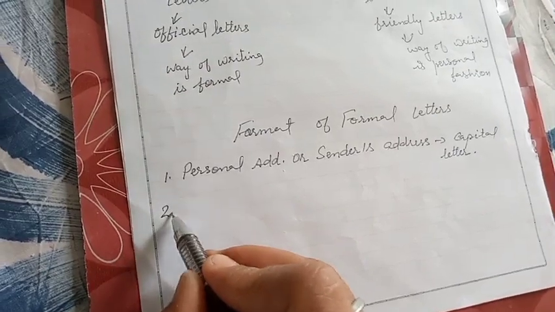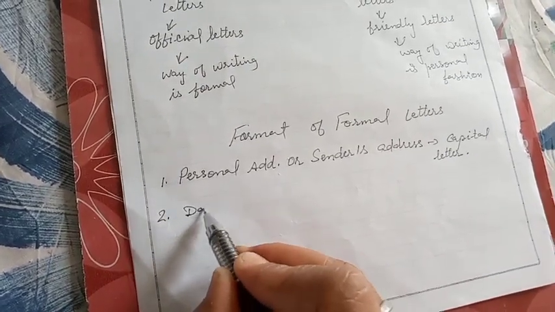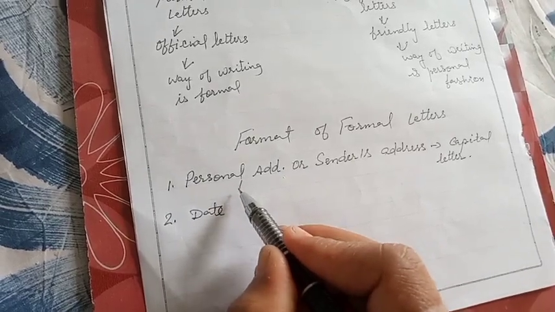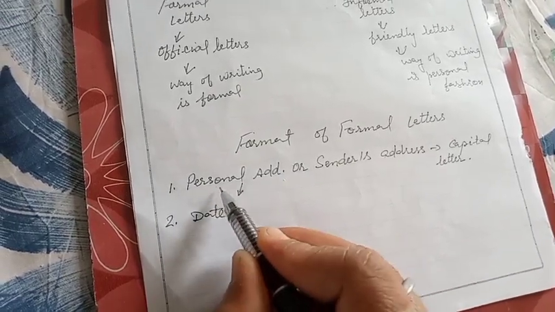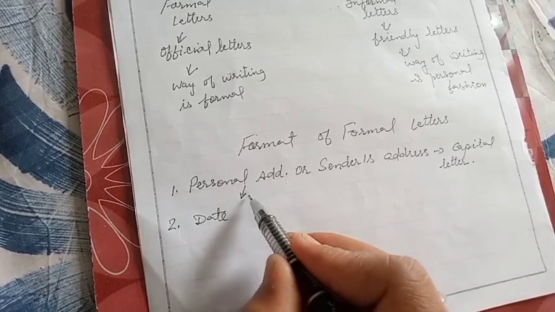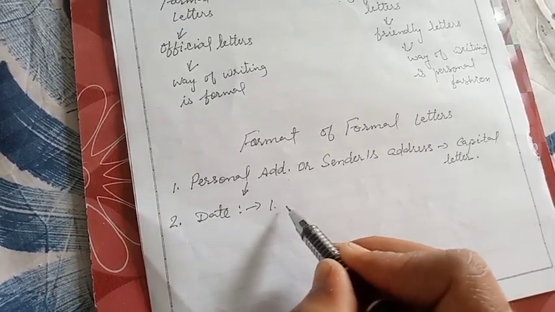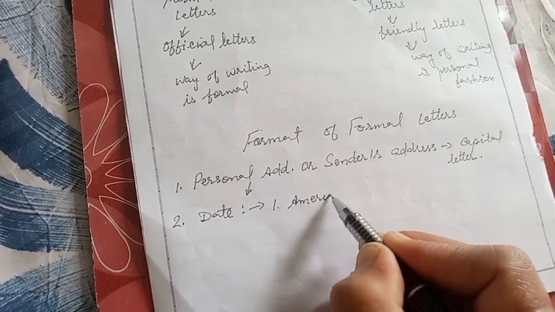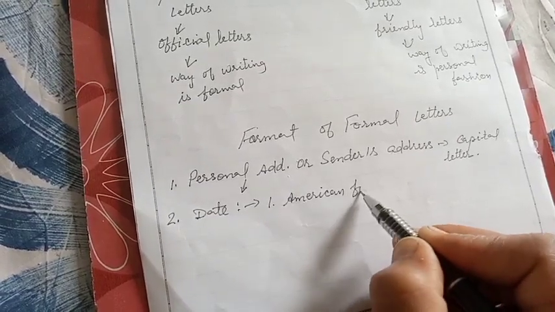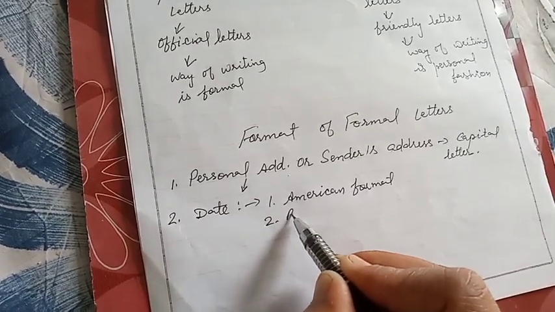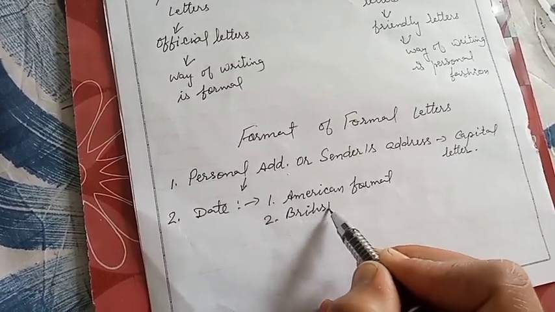Second step is to write the date. The date should be written one line below the personal address. There are two formats of date writing. First is American format, or the second is British format.